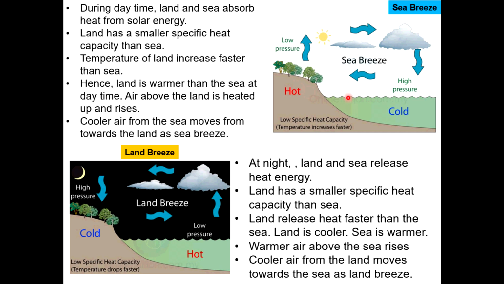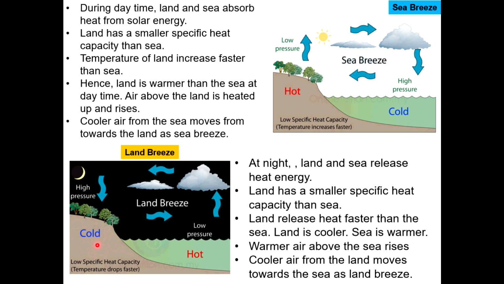So the process continues. During night time, there is no sun anymore, right? So the land and the seawater will release heat. As you know, land has smaller specific heat capacity, which means that it can release heat faster.